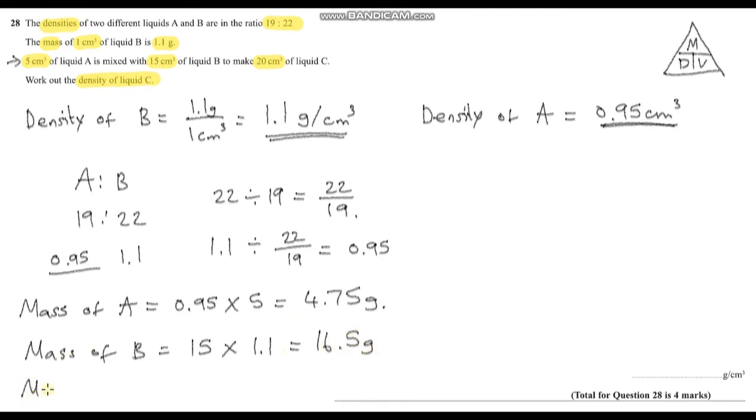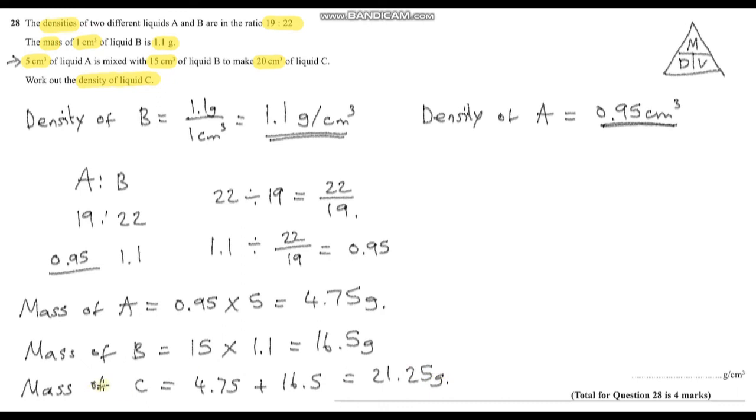So now we've got both of them. Now we've got the mass of A and the mass of B. The mass of C, well, we're just going to add the two together. So it's going to be 4.75 plus 16.5, which gives us 21.25 grams.